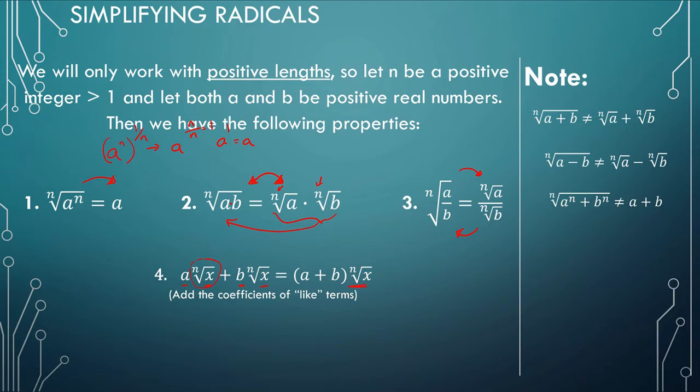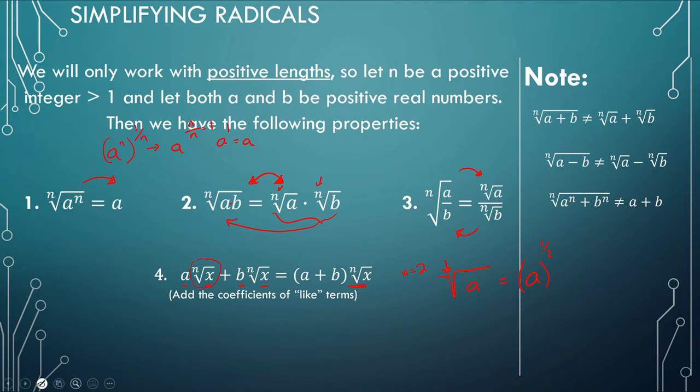One thing I do want to talk to you about that's not on here: for most of the time, whenever we just see a square root, let's just say the square root of 2, even though we don't see a number here, we assume that it's to the power of 1/2, or that n is equal to 2.